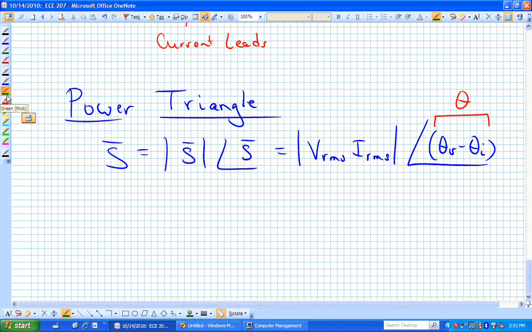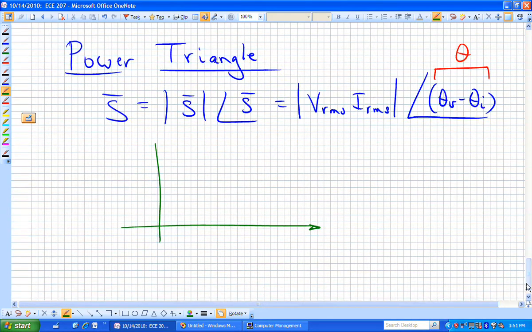That expression can give rise to the following plot. We now have the real part, which is P average.